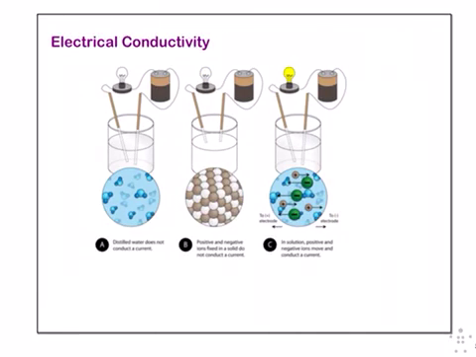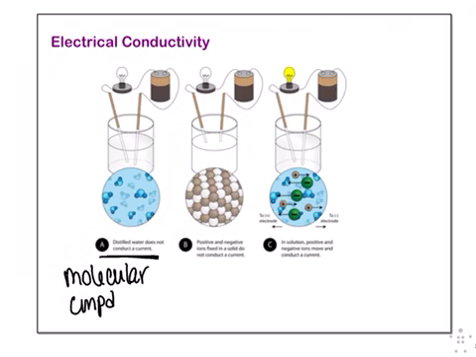The last characteristic of ionic compounds is they have the ability to conduct electricity. In this experiment, what it is showing is that an electrical current in plain distilled water will not conduct electricity. This is because water is a molecular compound.